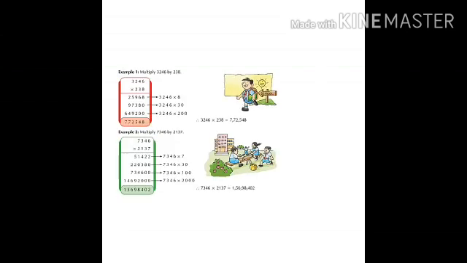Here in example 1, the numbers are 3246 by 238. Multiply 3246 by 238. When we are multiplying, first we will multiply by 8.